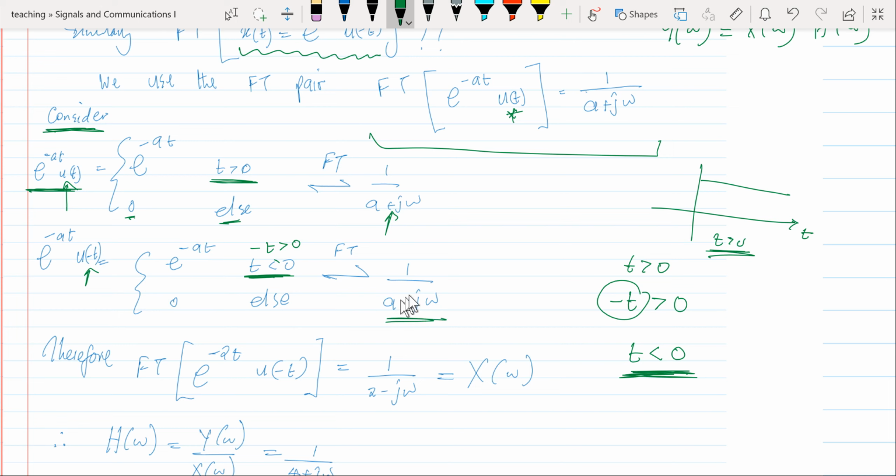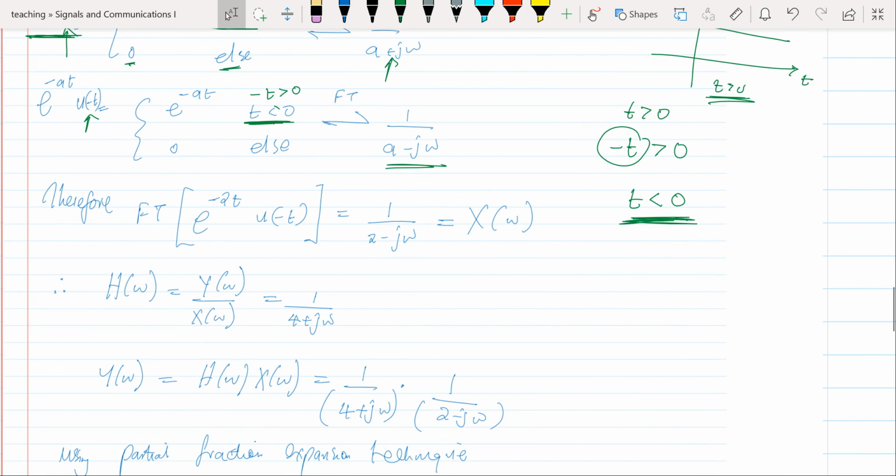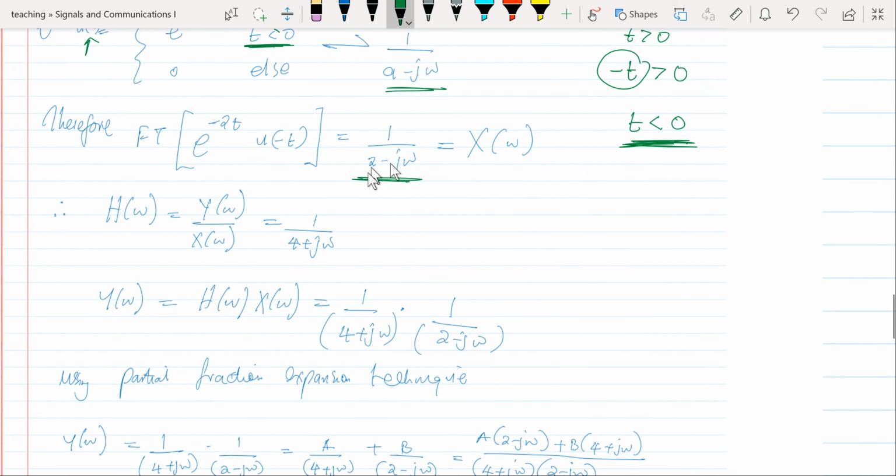If we can agree on that, then we can carry on. Now we want to find the Fourier transform of our function e to the power of minus 2t u of minus t. This is going to become 2 minus j omega. If this was positive, it would simply have become 2 plus j omega, but since it is now negative, it becomes 2 minus j omega, and this becomes our X of omega.